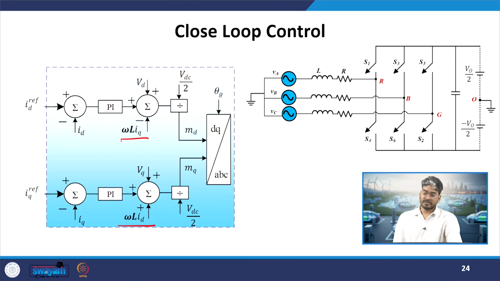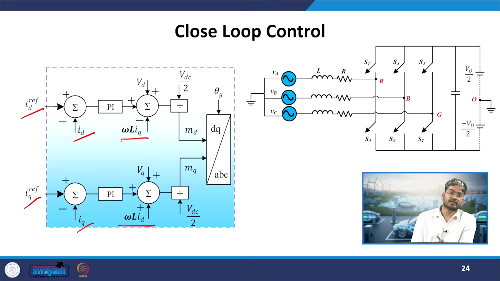This is our closed loop controller diagram, where we have the reference D frame current. It is compared with the actual D axis current. The reference value is compared with the actual value in the Q axis also. The error is passed to the PI controller, which gets the error at the input and generates a reference voltage at the output terminal that has been fed forward.